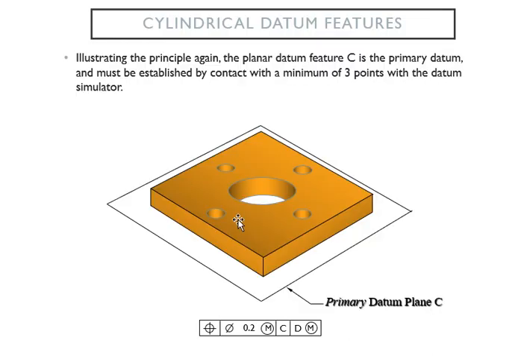All right. Now we're going to draw a primary datum plane so we can see it. Primary datum C here. You should be able to read the feature control frame. And then you want to establish that primary datum, which is C, and it's got to come in contact at 3 points. With what? With your datum simulator, some form of gauge or tool equipment.